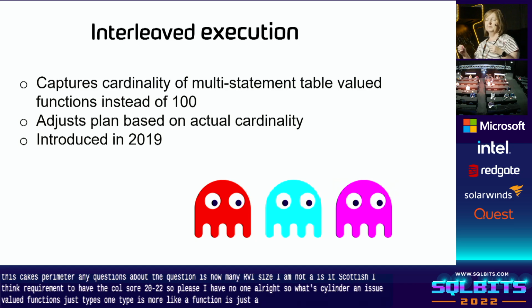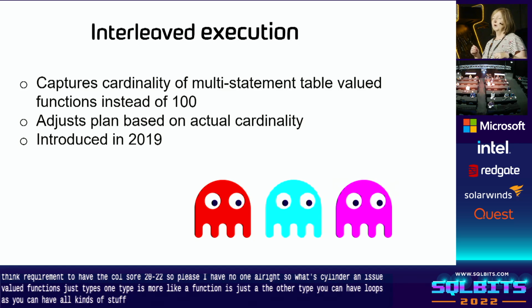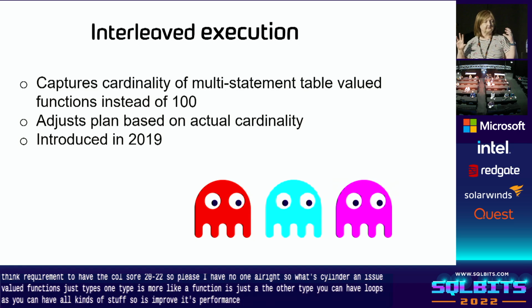The other type of table-valued function, you can have loops, you can have table variables, you can call other functions, you can have all kinds of stuff in there. Those typically don't perform very well, right? So in certain situations, Microsoft has improved the performance of this. But the way that they did it is that if there are no parameters sending in dynamic values, by dynamic values, I mean like column names.